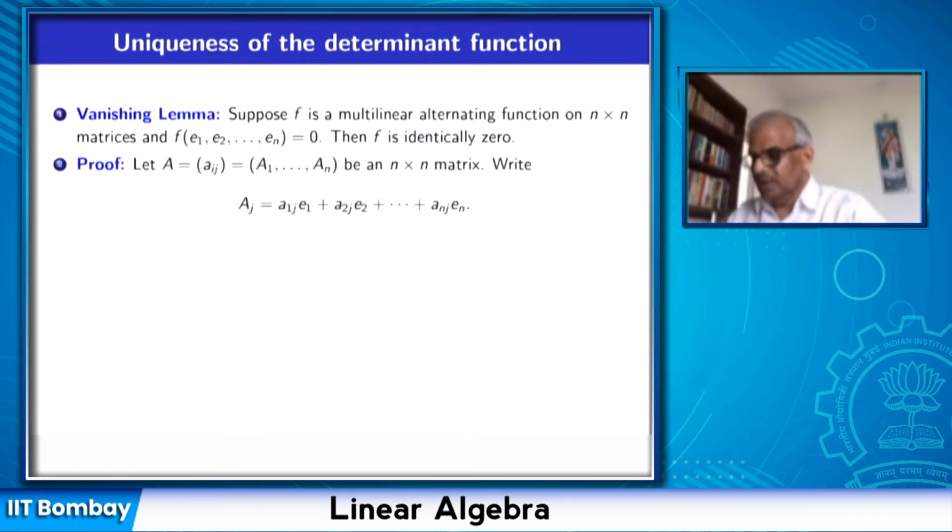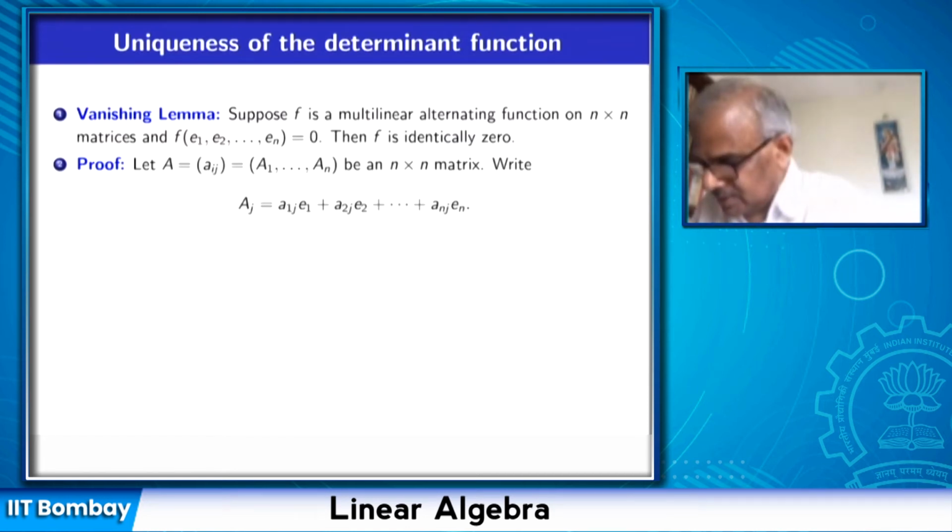Let's do that. So display the column vectors of an n by n matrix. Then every column vector I can write as a linear combination. If I write the jth column vector, the entries of the jth column are a1j, a2j, up to anj, since this is an n by n matrix.